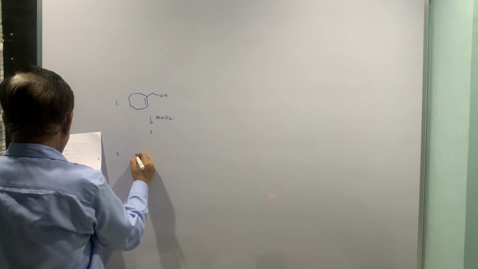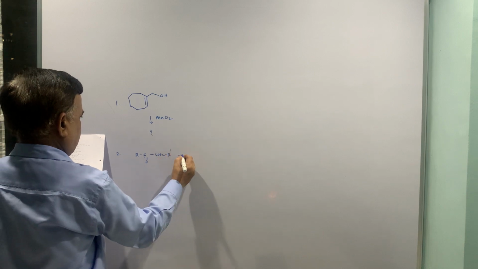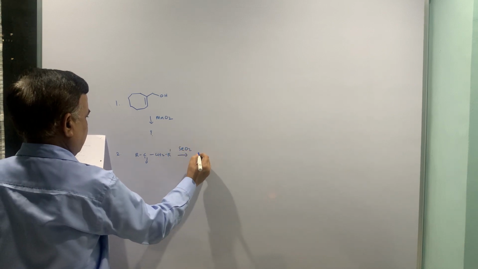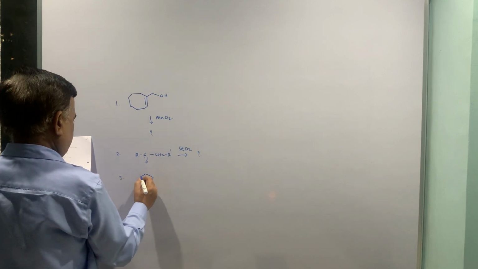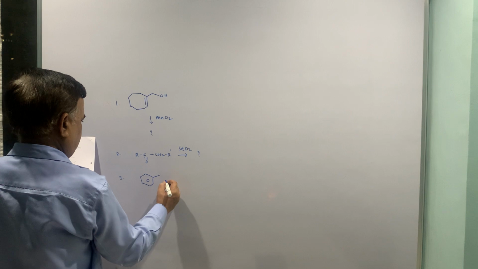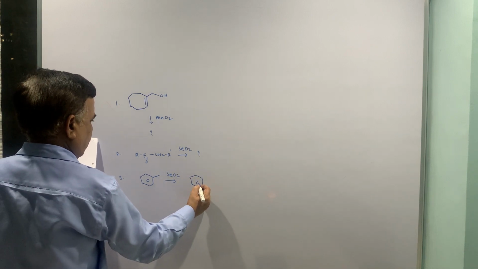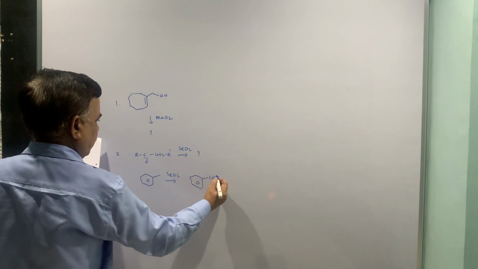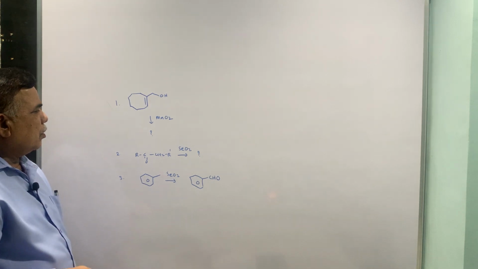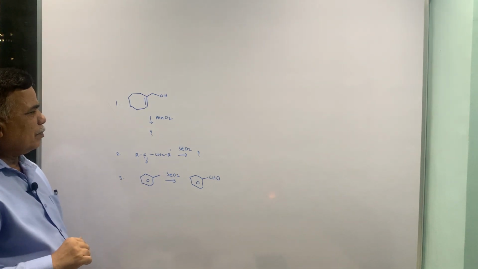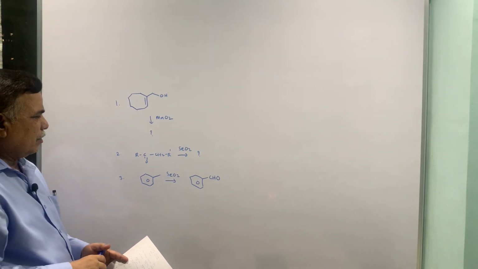Second one is selenium dioxide, predict the product. Here I will put the product. So you have to do these 3 examples. MnO2 already we have done, so that is not required.